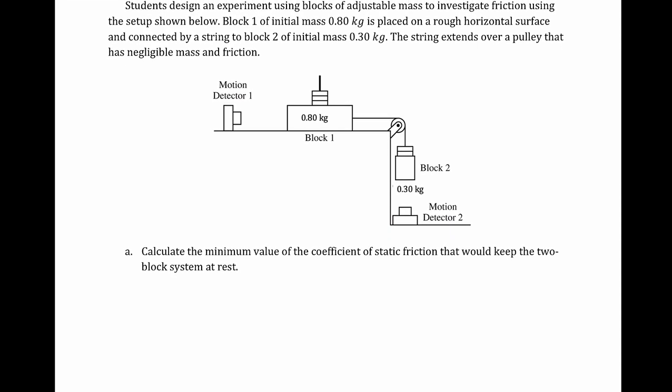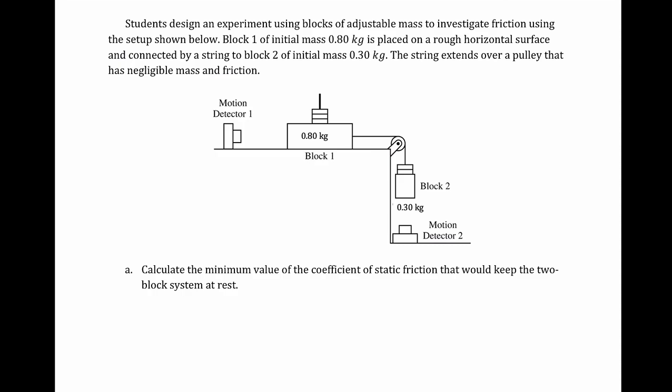So we have a system of two objects, and it would be nice to start with a free body diagram. So we have the force of gravity on the second object. The force of gravity is mass times g. So we've got 0.3 times 9.8, or 0.3 times 10 for simplicity.